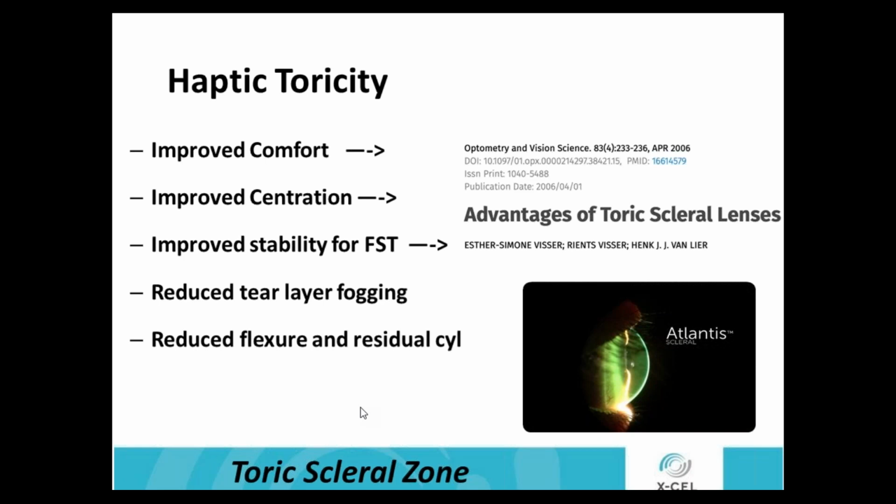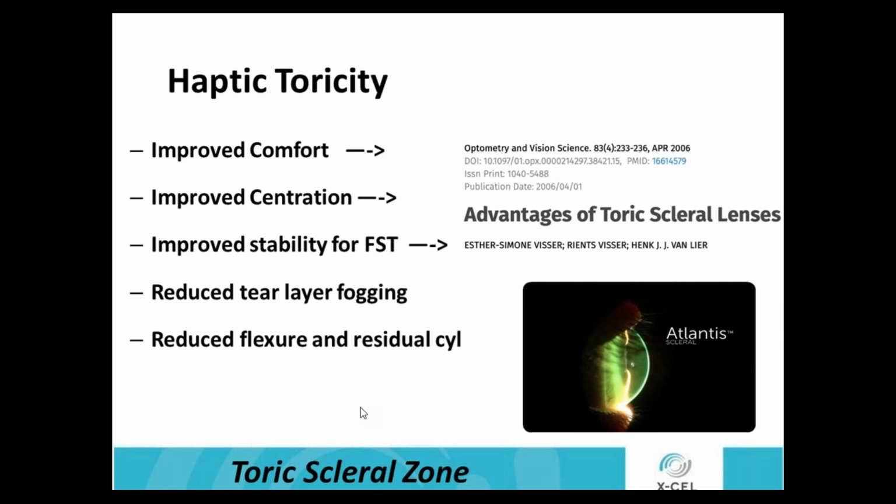So in our new fit set, we have gone to a toric scleral zone in every lens, and we increase the amount of toricity as we go up in size. So remember, we have all these advantages, and they can solve a lot of these problems: comfort, centration, tear layer fogging, and then that residual cylinder.